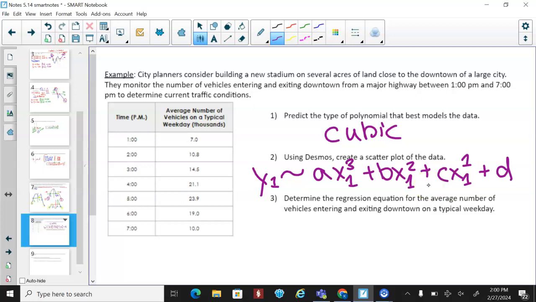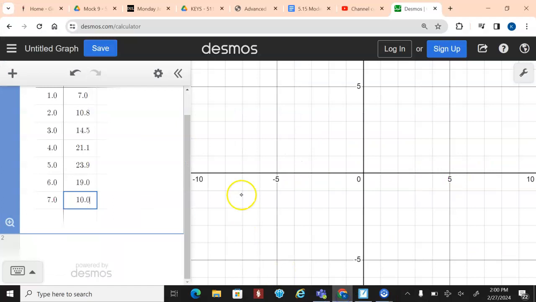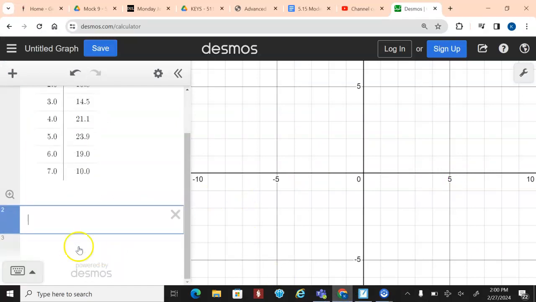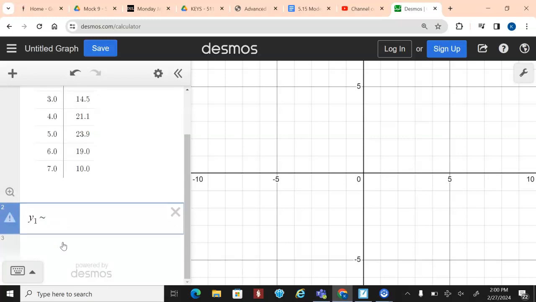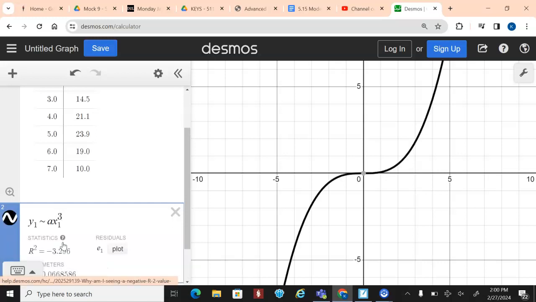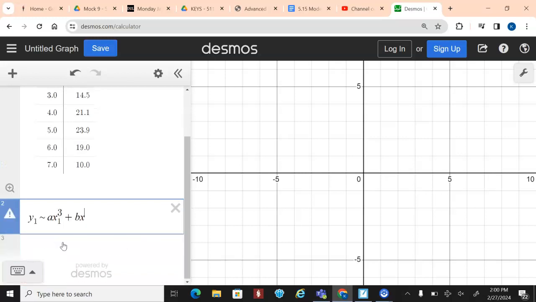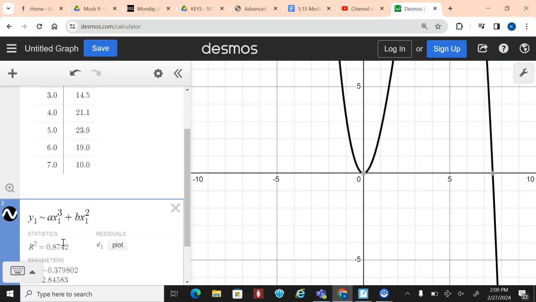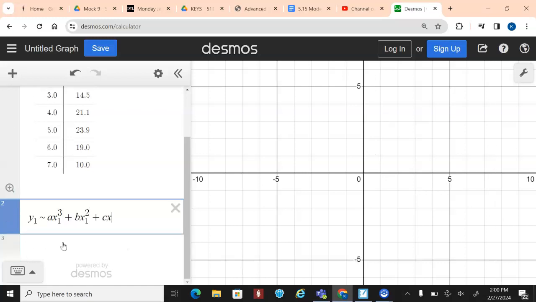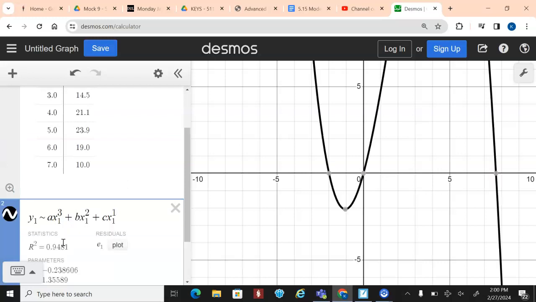So we are going to put that equation into Desmos, exactly that equation. This is a cubic equation. So we're going to do y1 tilde ax1 cubed plus bx1 squared plus cx1 to the first power plus d.